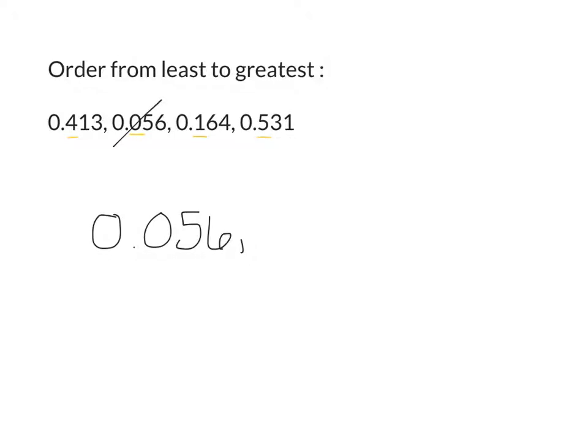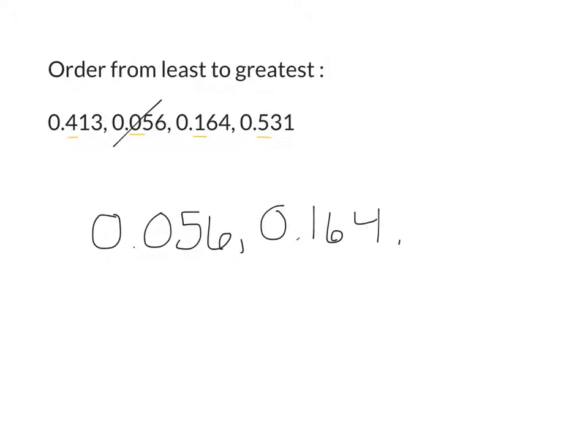Now, we still have different digits left in that tenths place, so I'll continue comparing the numbers that are left. Again, I have a 4 in my tenths place in 413 thousandths, a 1 in my tenths place in 164 thousandths, and a 5 in my tenths place in 531 thousandths. So with the digits 4, 1, and 5, I can see that my 1 in 164 thousandths is the next smallest number. So I'll go ahead and write that down as the next number in my order or sequence.